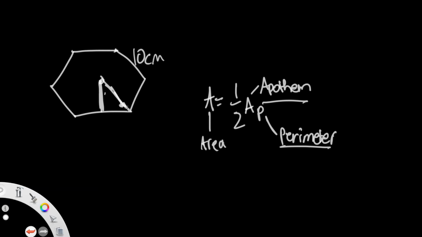The first thing we would do is construct a triangle by connecting the center of this figure to one of the vertices. Since it's a regular hexagon, all sides are congruent.